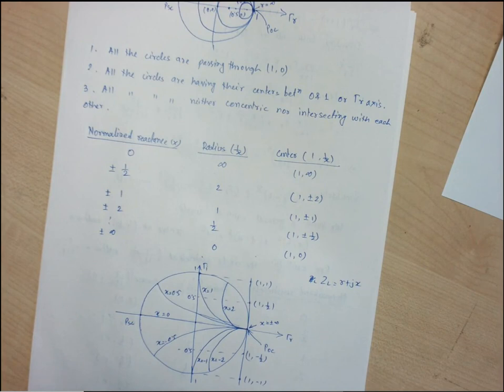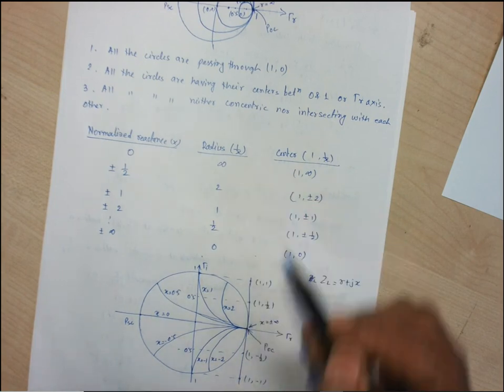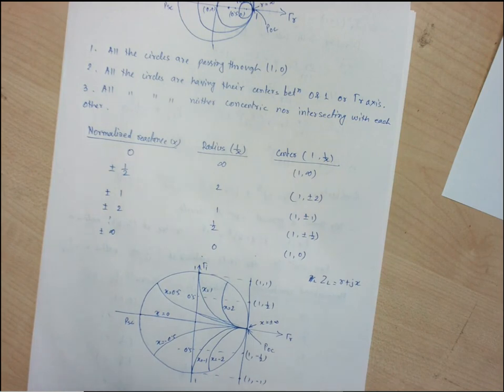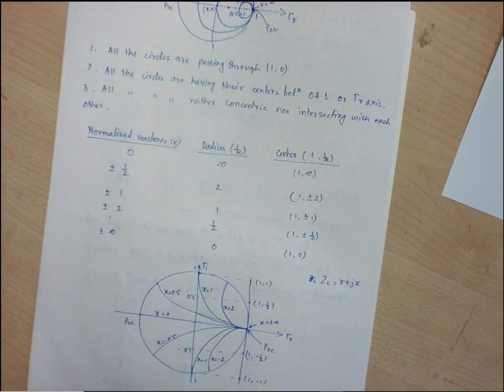Just assume a circle with infinite radius centered at 1 comma infinite. This is the line. It does not go beyond this point, so this side is possible and this side is also possible, and both sides can be infinite. If we draw a circle, it must go through this line, the gamma r axis.